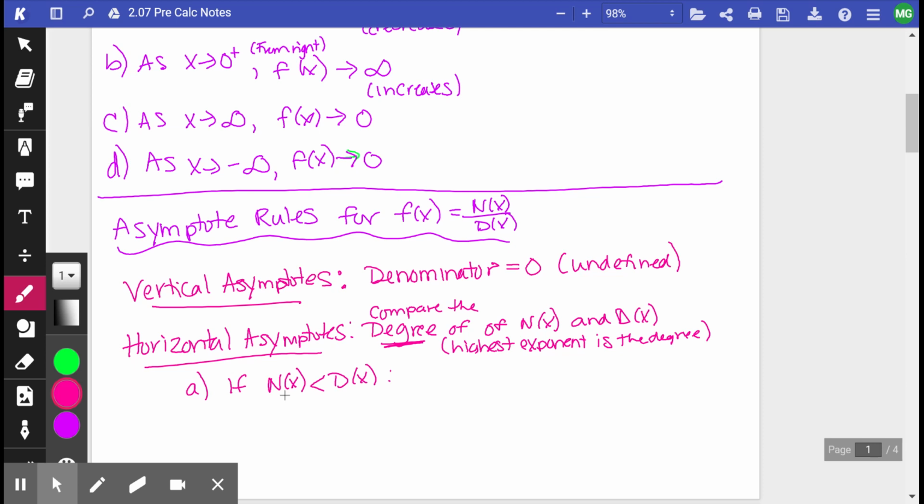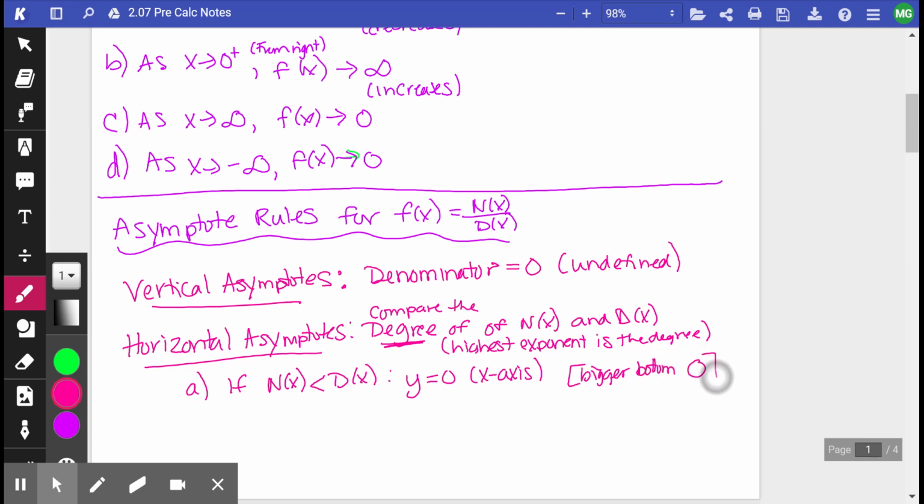So the highest exponent in the numerator versus the highest exponent in the denominator. Here, if the highest exponent in the numerator is less than the highest exponent in the denominator, meaning the denominator exponent is bigger, then y equals 0, your x-axis, would be your asymptote. I always remember this as: if you're bigger on the bottom, think about wrapping your belt around.